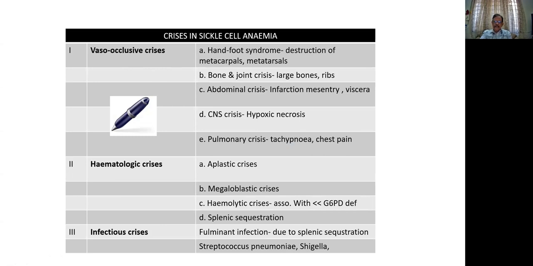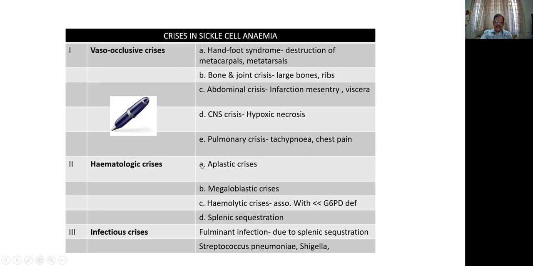Bone and joint crisis occurs in the large bones as well as the ribs. Abdominal crisis: there can be infarction of the spleen, mesentery, or any other viscera. In the central nervous system, there can be hypoxic necrosis. Pulmonary crisis: the patient can present with tachypnea and chest pain.